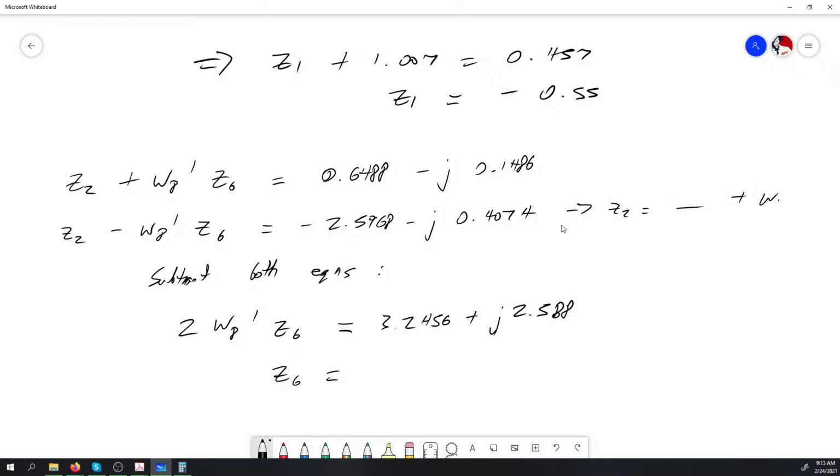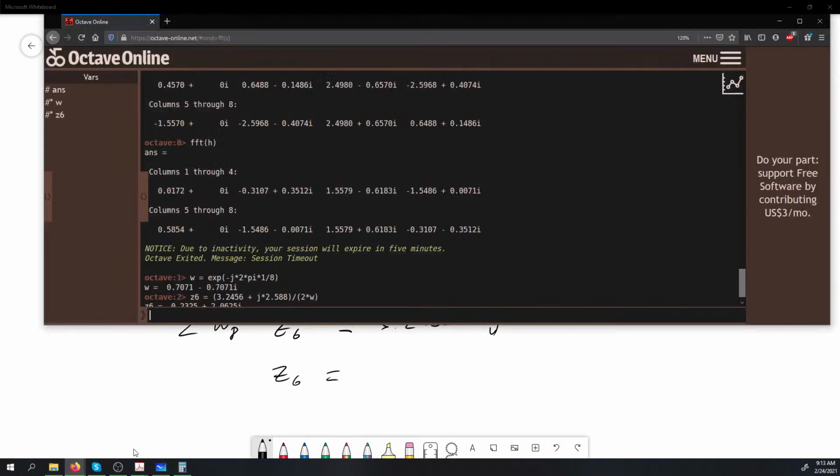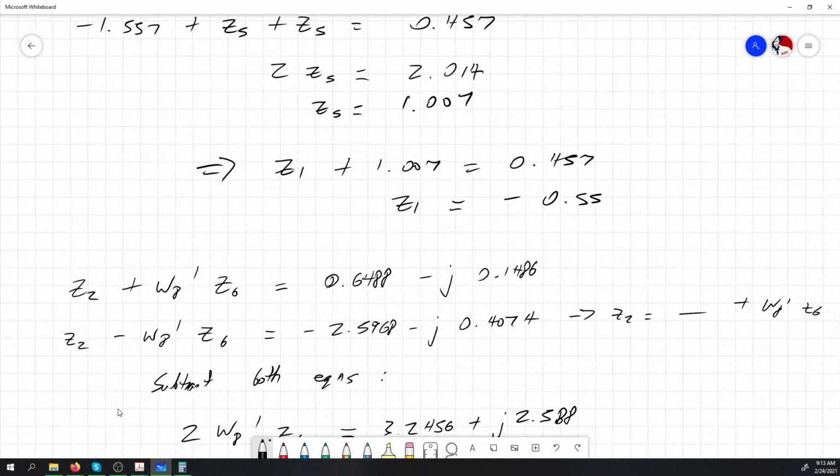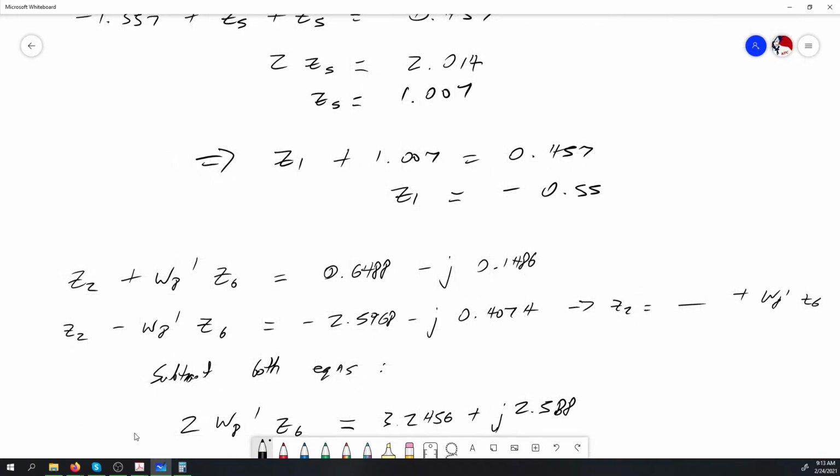So 2W and then the X value adds to. Let's check this back. Alright, so I'm just checking my mathematics here to make sure I did everything correctly.